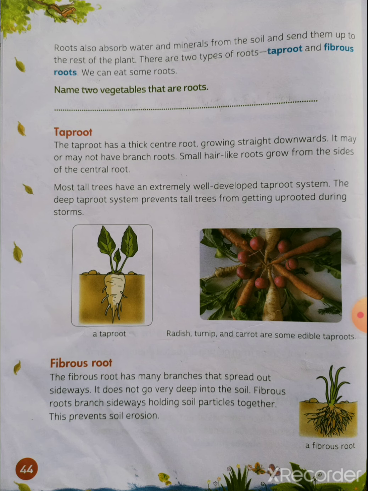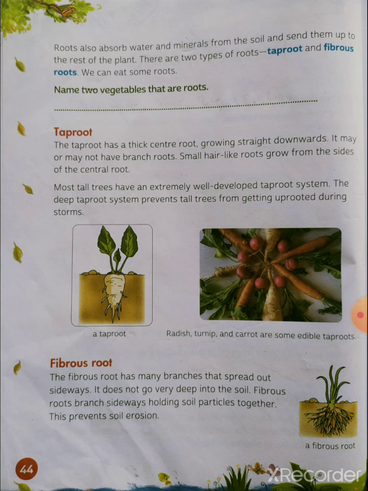A taproot has hair-like structures growing from it called the root hairs. All the tall trees have a taproot system which grows deep into the soil and also holds the tree tightly with the soil. Radish, turnip, carrot are some taproots that are eaten as vegetables.